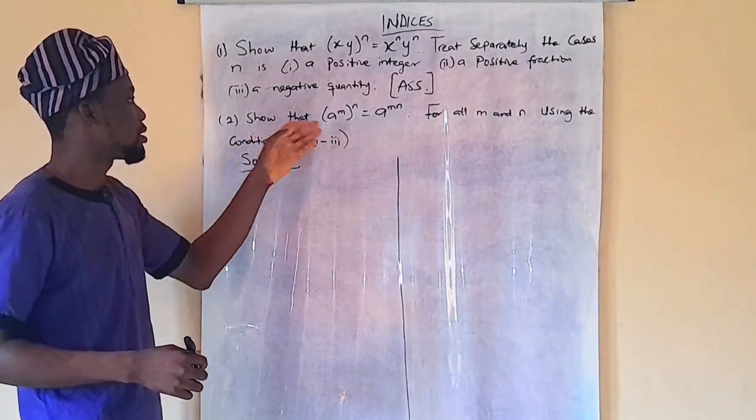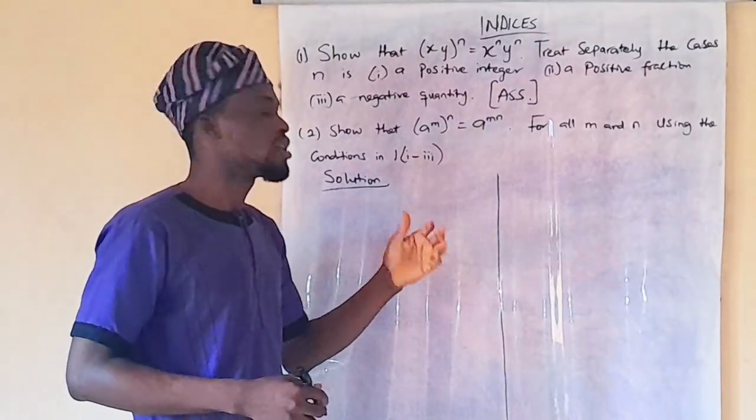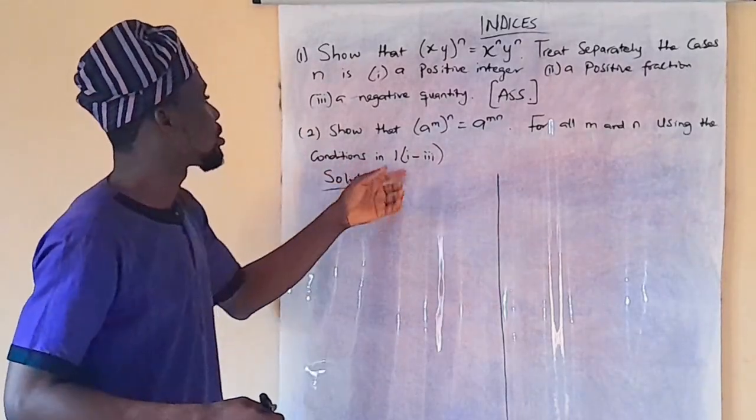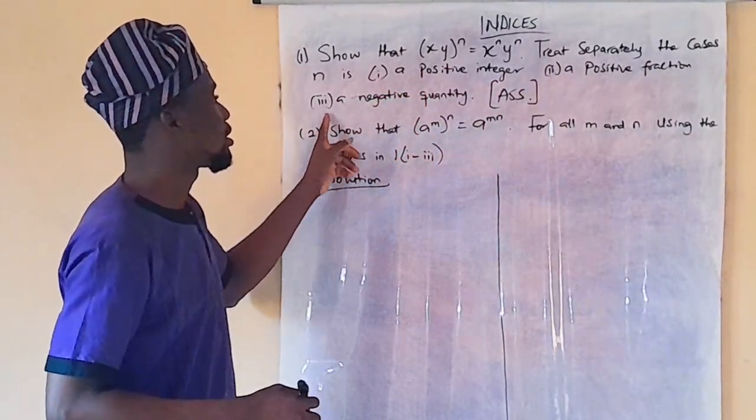We have to show that a raised power m, raised power n equals a raised power m times n, for all m and n, using the conditions in 1(i) and (ii).